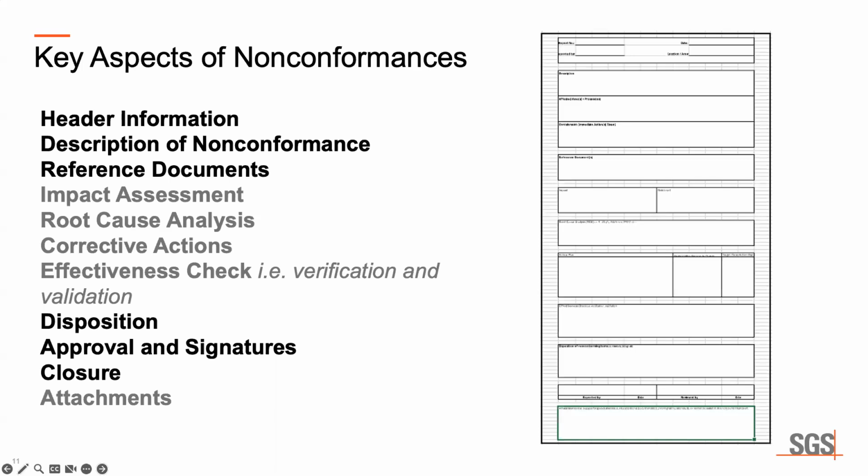So that might be, what did you do moving forward? Did you refund the individual? Did you change a document? If you change the document, are you maybe referencing an MOC to say all document changes are being tracked through a management of change process? So all of that good stuff gets documented.